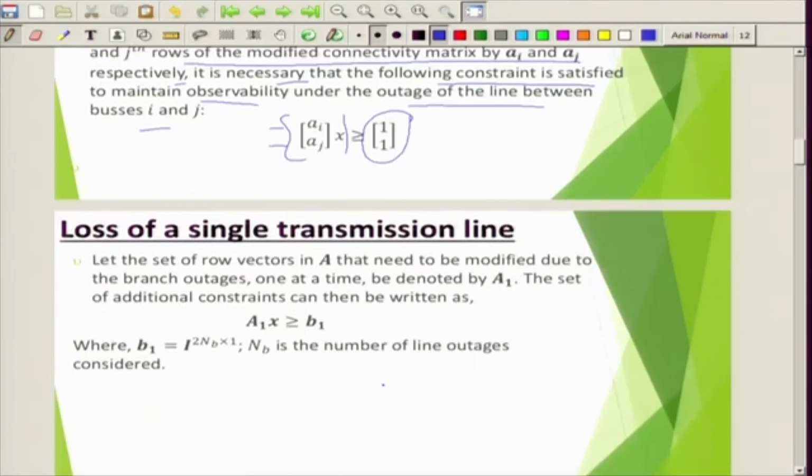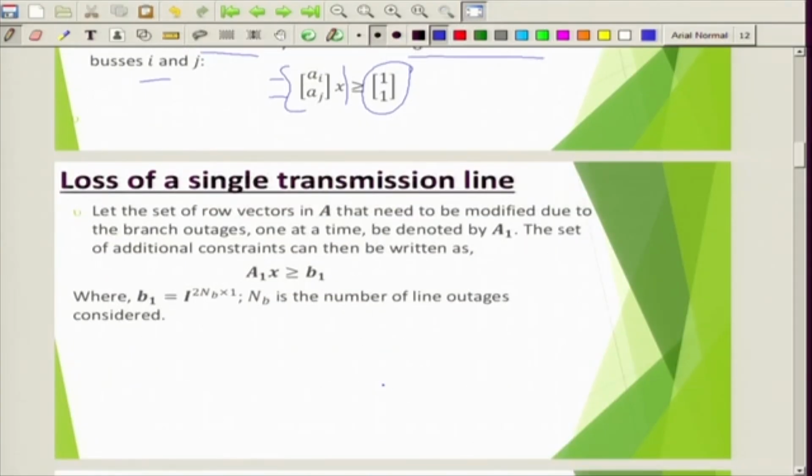Let the set of row vectors in A that need to be modified due to the branch outages, one at a time, be denoted by A1. The set of additional constraints can then be written as A1x greater than or equal to B1, where B1 is a matrix of size 2NB by 1, NB being the number of line outages being considered.